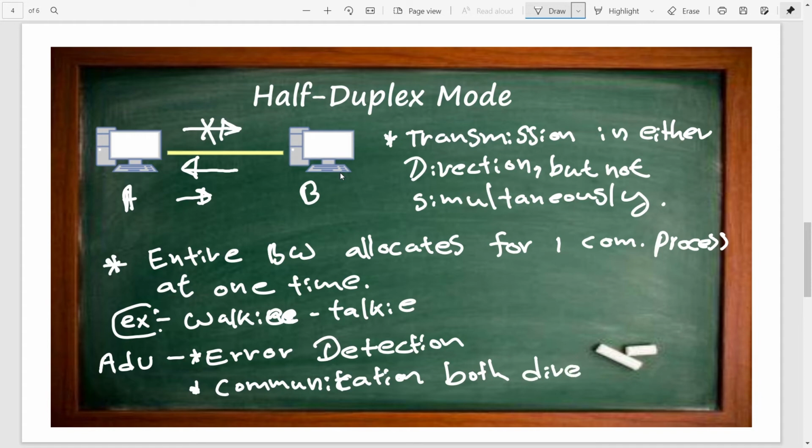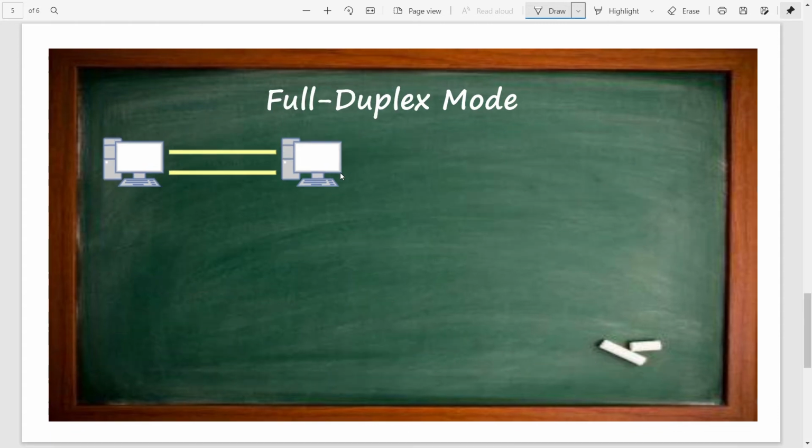We considered it earlier. These are the two major advantages of this half-duplex system, and error detection is a major one. When comparing with simplex mode, in half-duplex mode we can do communication in both directions.